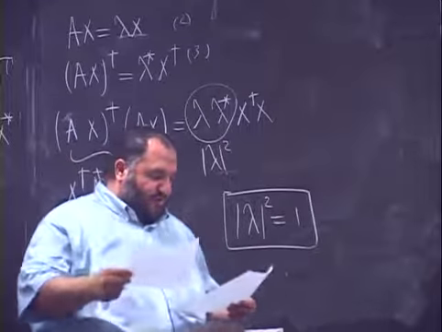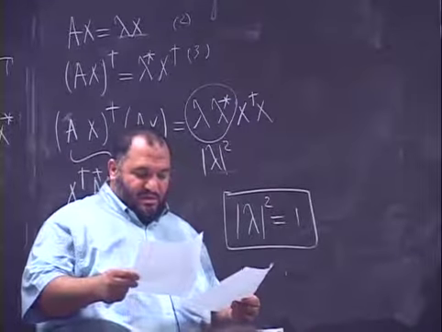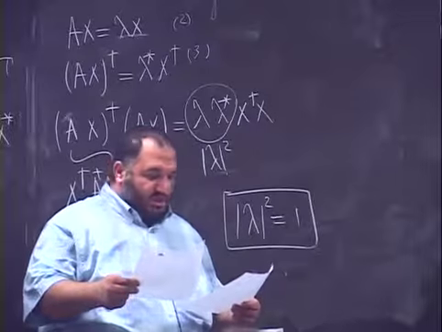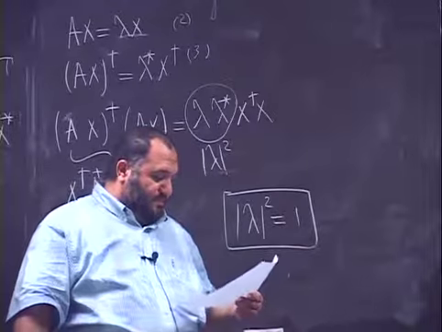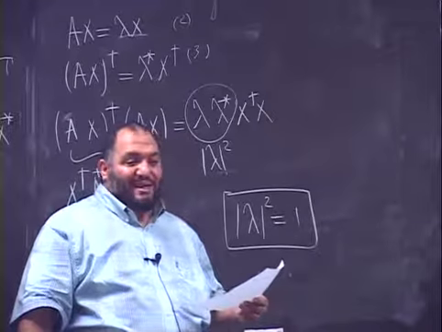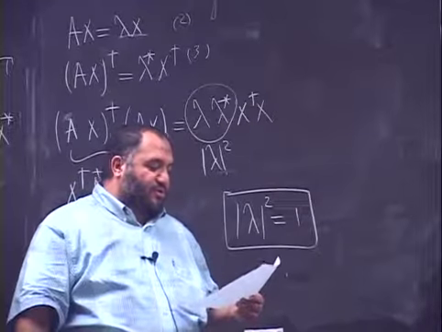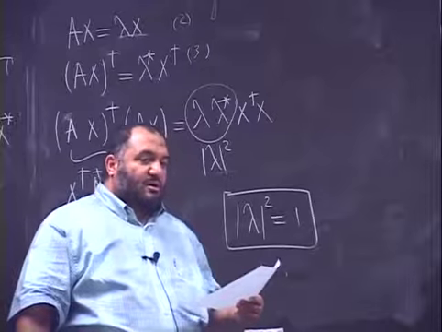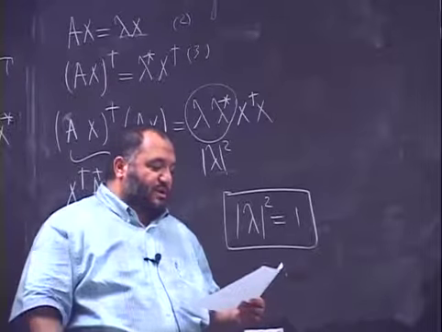So next time I will stop here, and next time we'll give a theorem that the eigenvalues for a normal matrix A are the complex conjugate of the eigenvalues for A dagger.